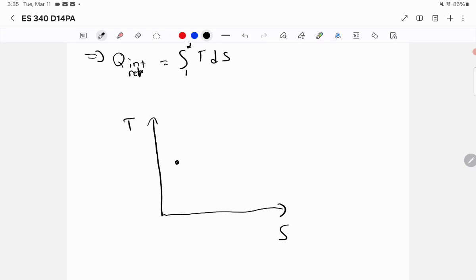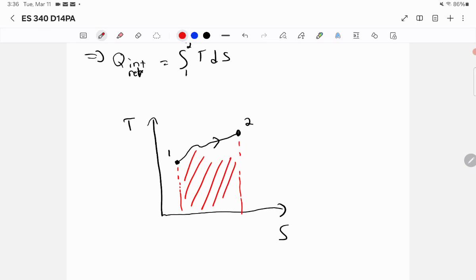So if I have some state 1 and I go along some path, hopefully a smooth path, to state 2, then the area under this curve, this region right here, is my heat transfer, at least for an internally reversible process.